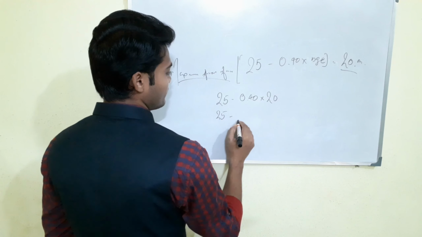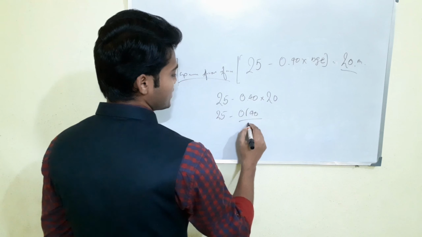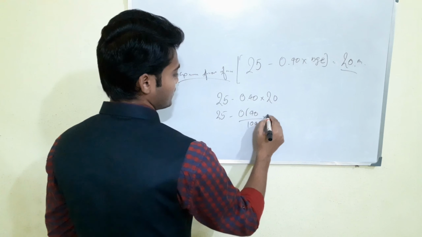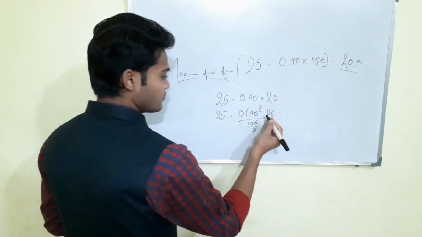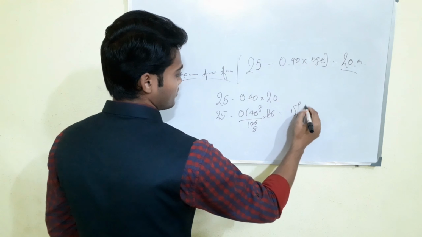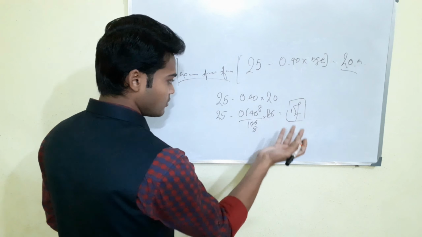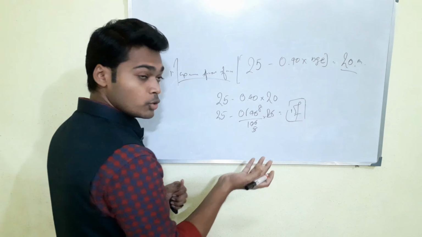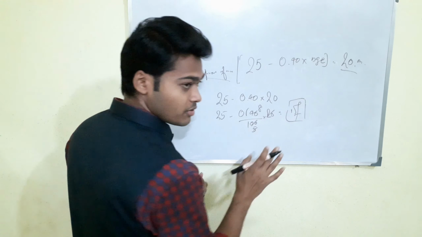If we remove the decimal, we can simply write 100. 20 we can cut into 5, 8, so we can write 17, meaning 17 is left. This is the formula. You can easily use it to find this. I think up to this everybody is clear.